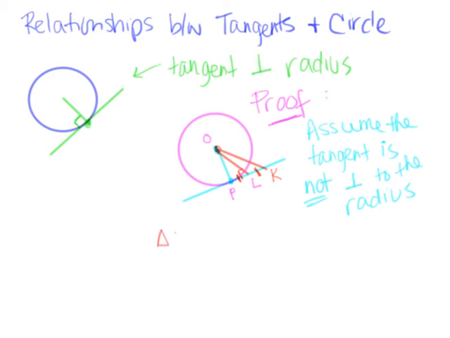I know that triangle OLP will have to be congruent to triangle OLK by side angle side. OL is the same shared side, so that's the reflexive property. Then LP and LK are congruent because I set K to be the same distance from L as P was from L. And then the two right angles, because we set OL to be perpendicular, those two angles are going to be congruent because they're both right angles.